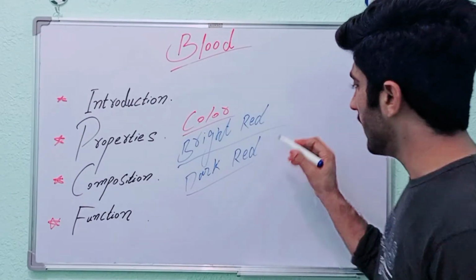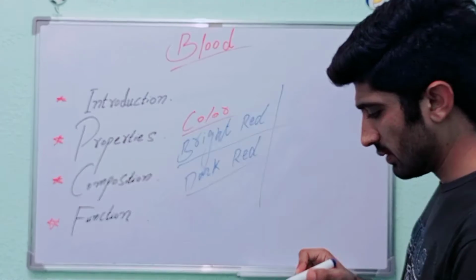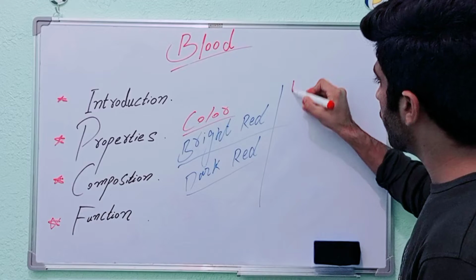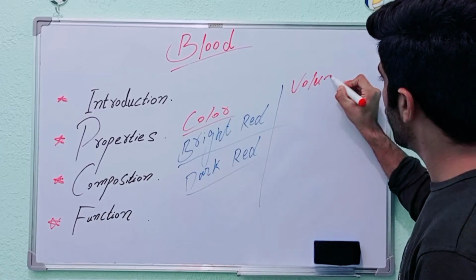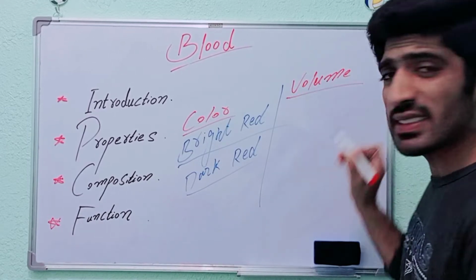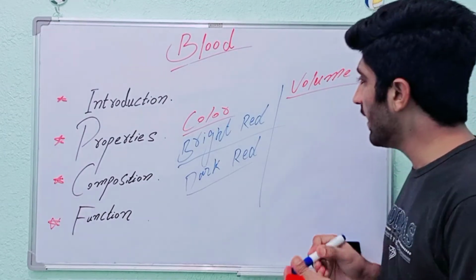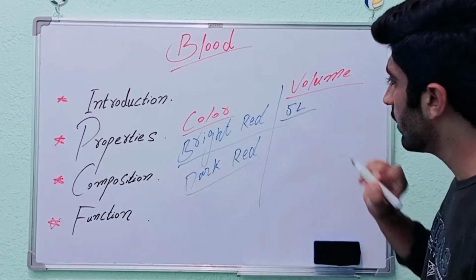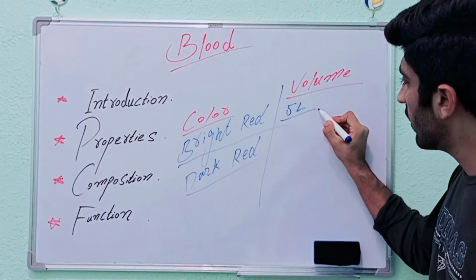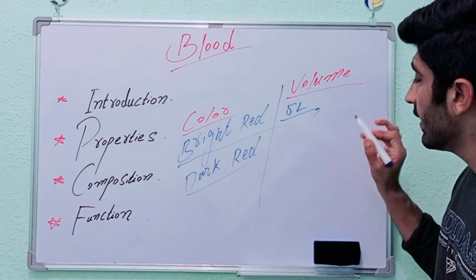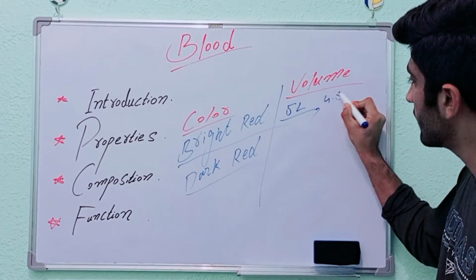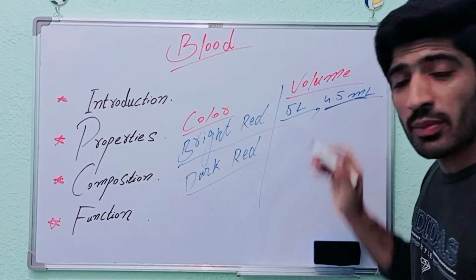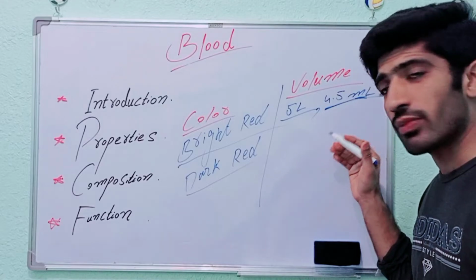After that, the next property is blood volume. The volume of blood in an adult is 5 liters, and the volume in a newborn baby is 450 milliliters. So the volume of the blood increases with the growth of the baby.